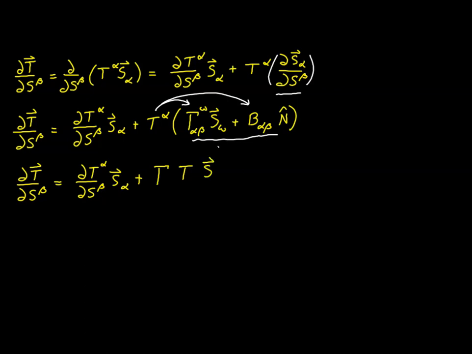And I also want to rename some of the indexes here. The goal is that I want this basis vector to be S_alpha because I want to be able to factor that out in a minute. So first I need to rename the index omega to alpha. So this will become alpha, and I've got to change the omega in this position to alpha as well.